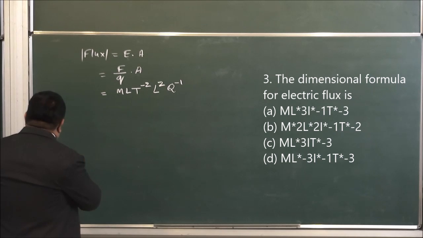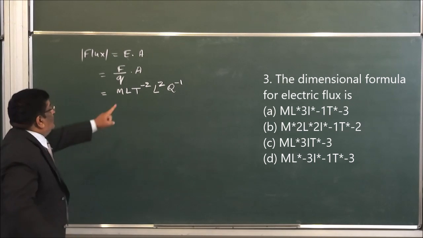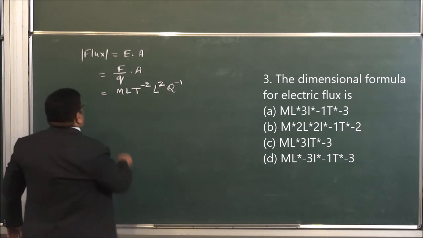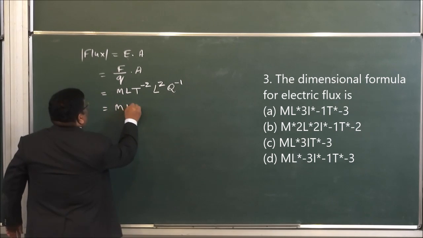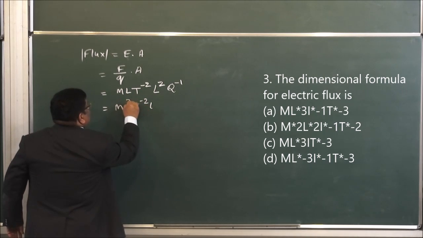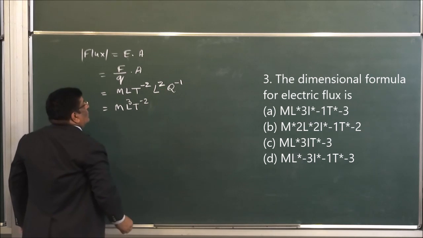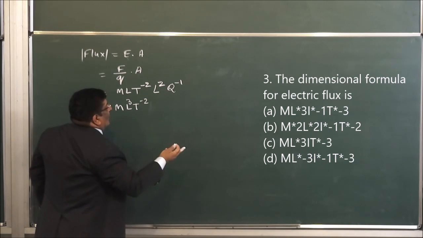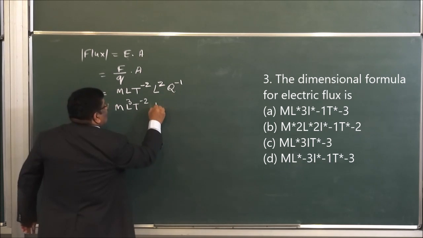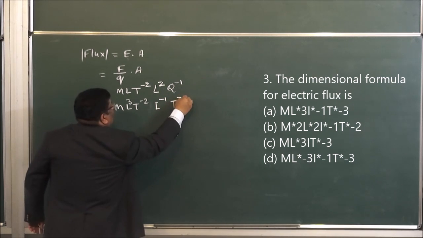Here you see they have given current in terms of I, so we should also change this charge into I. How can we change charge into I? So this will be M L T minus 2, L2 and L1, let us mix it here, L3, and this Q. Q, we know it is current into time. Charge is equal to current into time. So this we write as I minus 1 time minus 1.